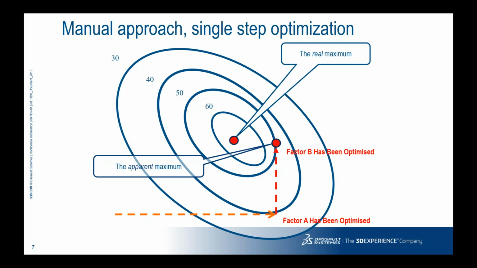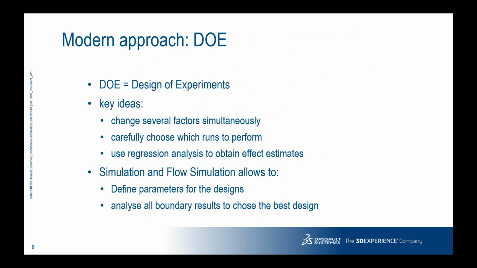Okay, and also this is a manual approach. In terms of simulation and flow simulation, instead you can use another approach that is modern in the sense that it is in contrast to manual, but in reality, design of experiment is a very well studied and steady approach, used for many years.